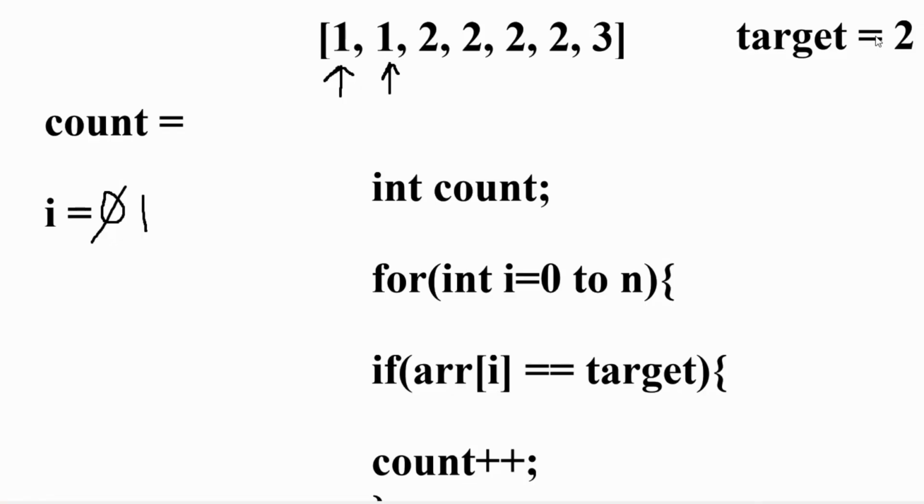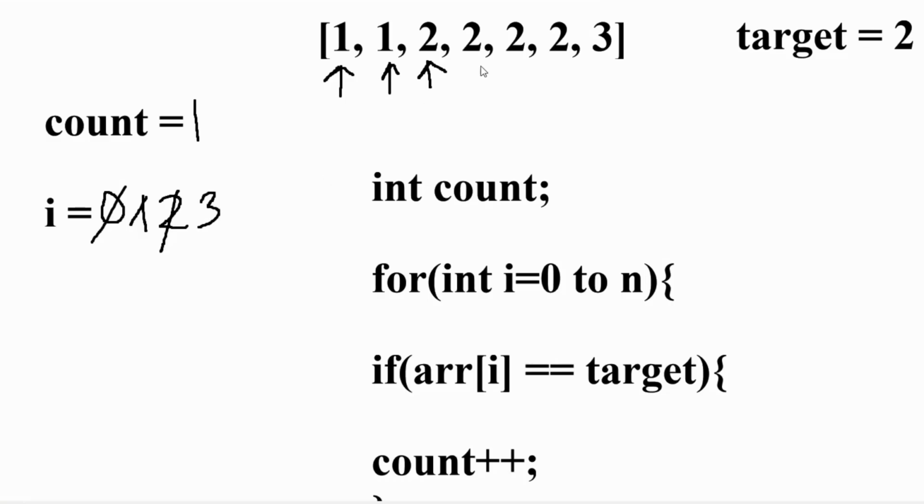Is it equal to our target? No, so i gets updated and we go to the next element. Now, is this element equal to our target? Yes, so our count gets updated. Now i becomes 3.